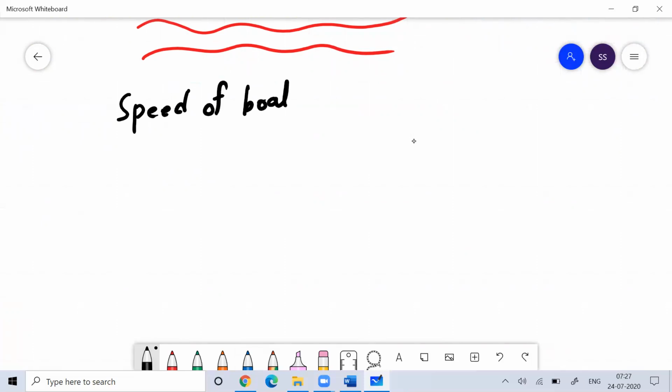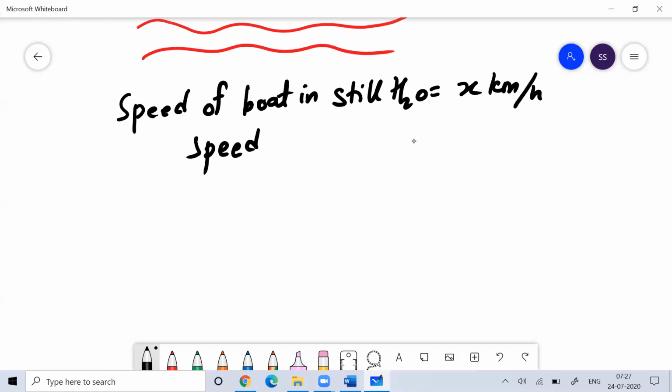Let the speed of the boat in still water, meaning when the water is not moving and only the boat is moving, be x kilometer per hour, and the speed of water be y kilometer per hour.